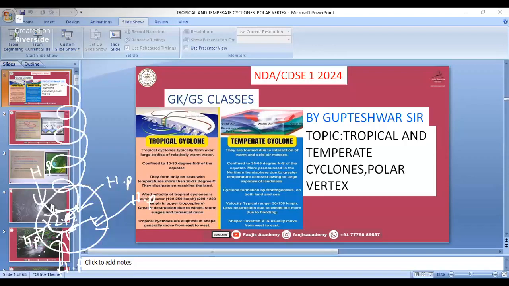Okay, in that way they will start rising. And for this you all know that temperature is inversely proportional to pressure. You all know how that high pressure is happening and how that low pressure is happening. So you all know that part.